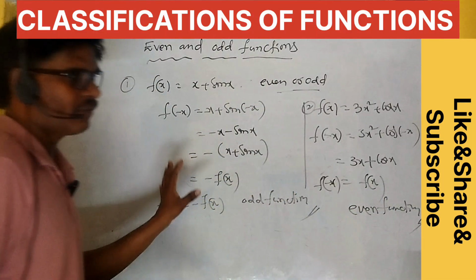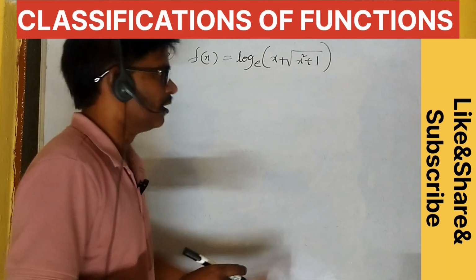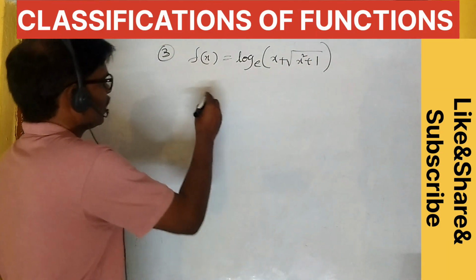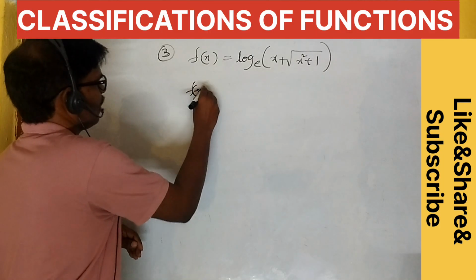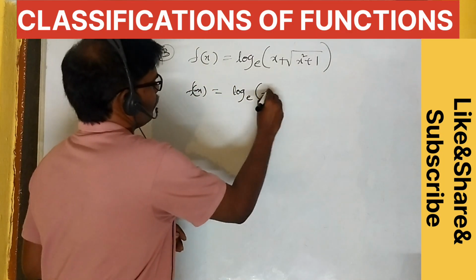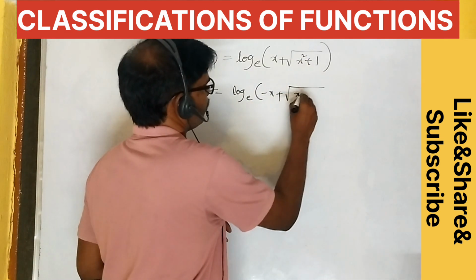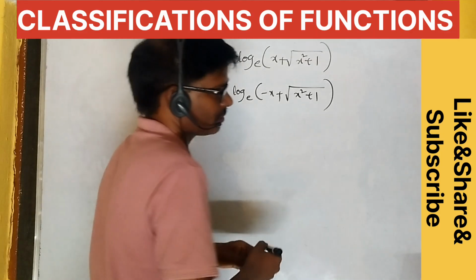Okay, understand. Next, f of x is equal to log base e of x plus square root of x square plus 1. Is this an even function or an odd function? Write f of minus x. f of minus x equals log e of minus x plus square root of minus x whole square plus 1, that is x square plus 1.